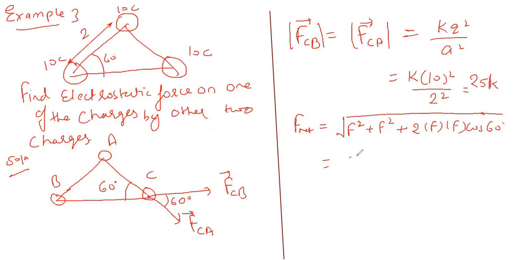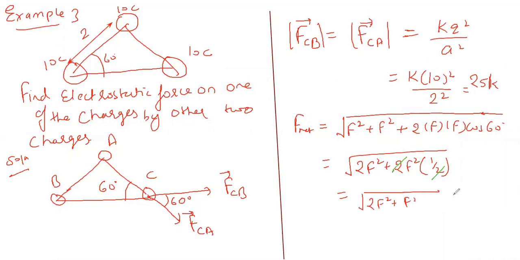So it will come out to be 2f square plus 2f square times cos 60. Now cos 60 is half. So this 2 and this 2 will get cancelled, and we will have root 2f square plus f square, so it will be equal to root 3f. So our answer is coming out to be root 3f.